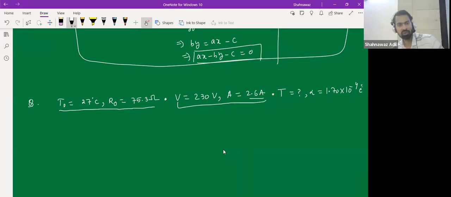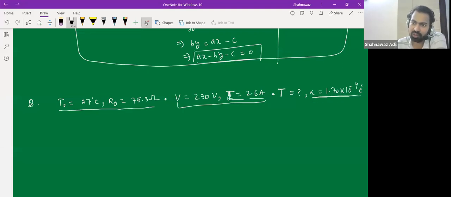We have a toaster at a temperature of 27 degrees C and the resistance of the toaster is 75 ohm. Now some voltage is applied, and after some time the current of this toaster is found to be 2.68 ampere. So now they are asking what would be the temperature at this state, and they have given the temperature coefficient of resistance.